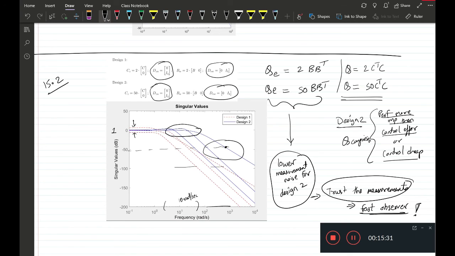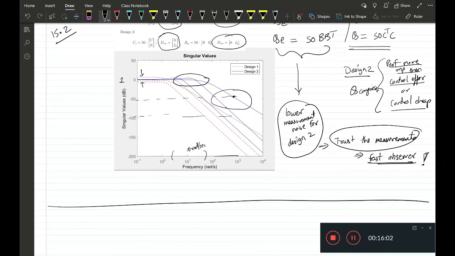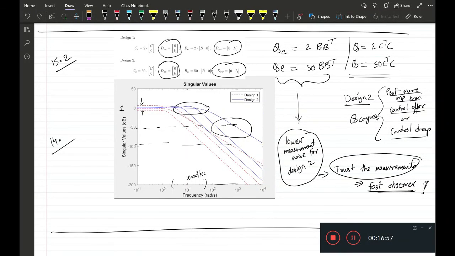So overall that means that design 2 is faster and shows better tracking performance in the low frequency regime and the mid frequency regime, but at the cost of showing a poorer disturbance rejection or a high sensitivity to noise. And so that was basically it for this problem. So that was the interpretation of singular values.